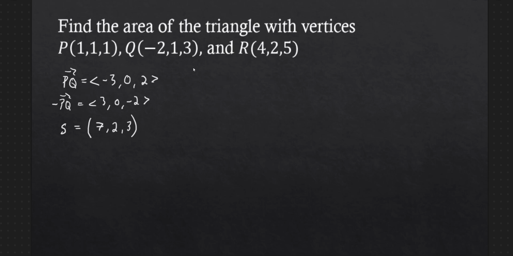I really just want the magnitude of PQ cross QR. That's what I want. We actually did PQ cross QR in the last problem, but I have since deleted that. So I'm going to compute that again in case you maybe didn't watch that video. If you have, just fast forward.